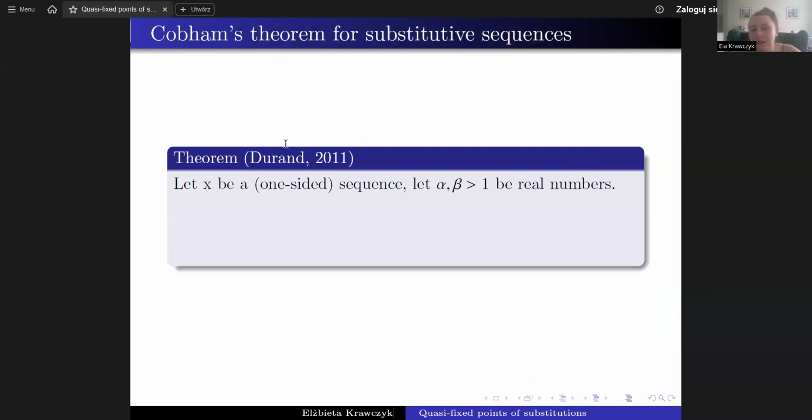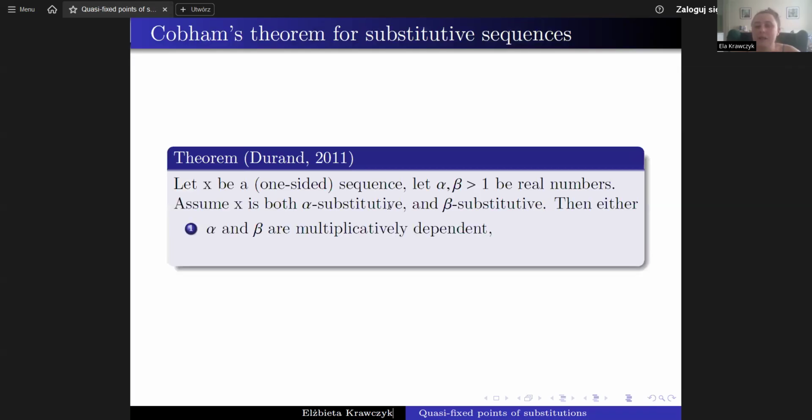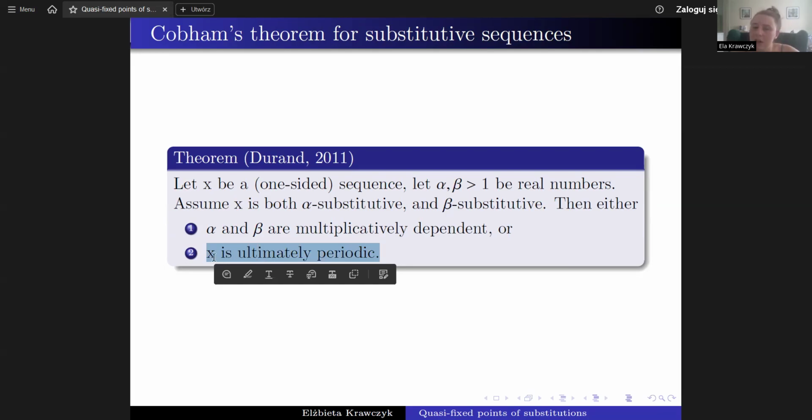And the generalization of Cobham's theorem given by Durand says that if I have a sequence which is alpha-substitutive and beta-substitutive, then either the sequence has to be ultimately periodic, or alpha and beta are multiplicatively dependent.